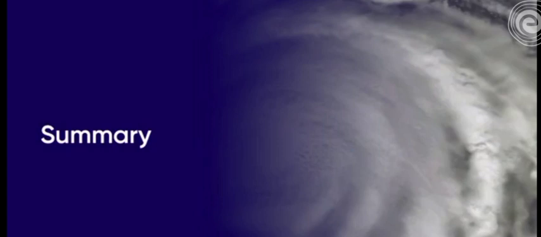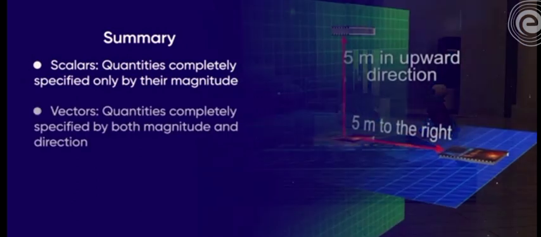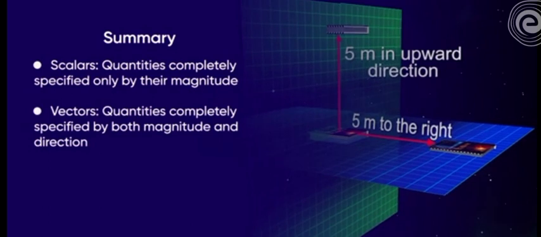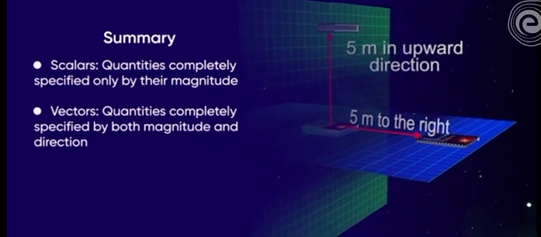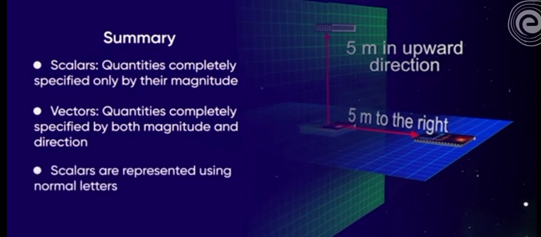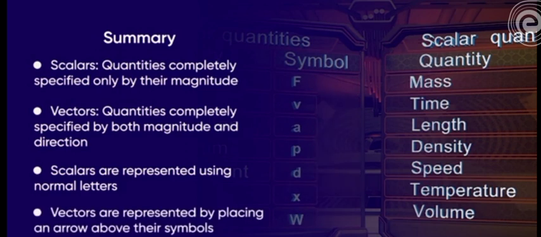To summarize, quantities that are completely specified by their magnitudes alone are called scalars, whereas those that require magnitude as well as direction to be completely specified are called vectors. Scalars are represented using normal letters as their symbols, whereas vectors are represented by placing an arrow above their symbols.